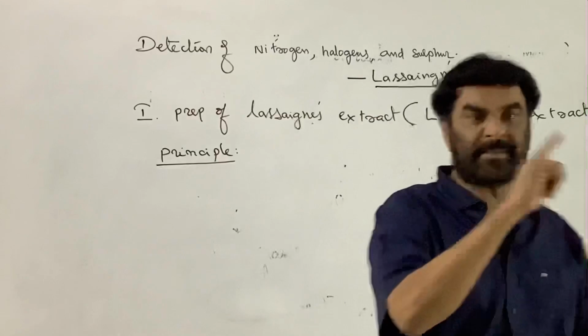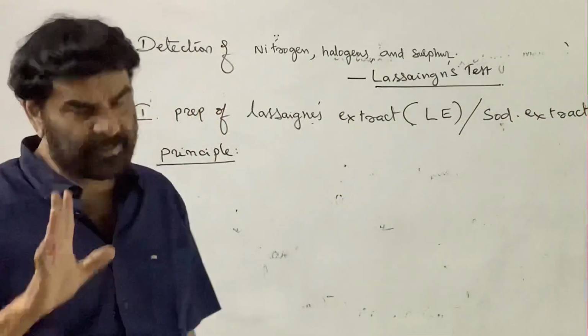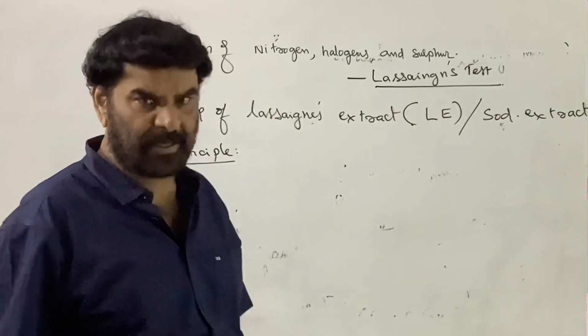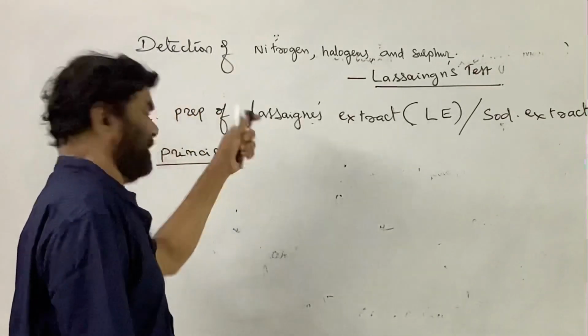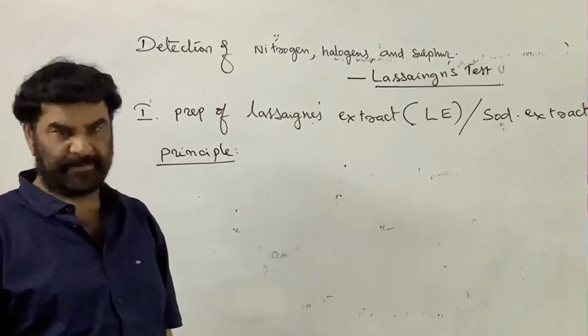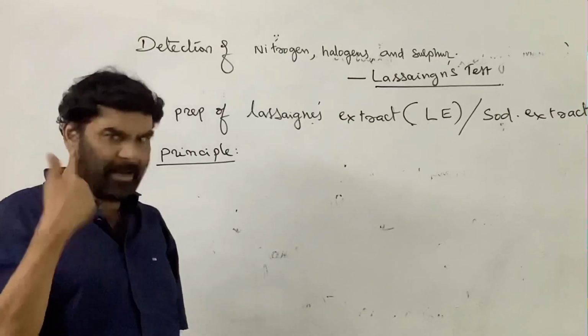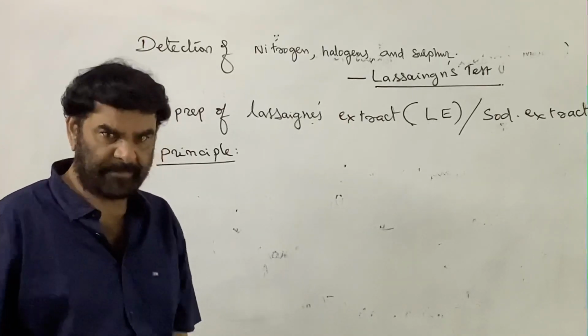To carry out the Lassaigne's test, first you have to prepare the Lassaigne's extract. What is the basic principle involved in that? Let us see the procedure afterwards. What is the basic principle involved in the preparation of the Lassaigne's extract? You are not directly conducting the test on the given organic substance.